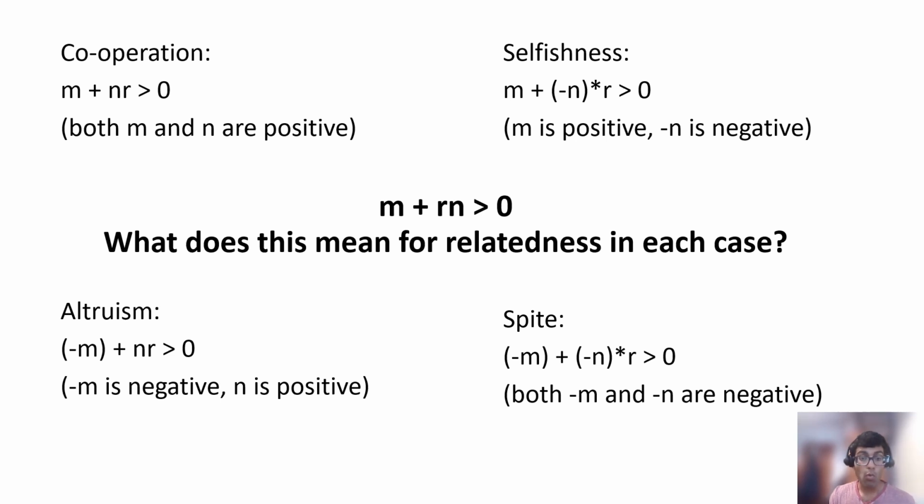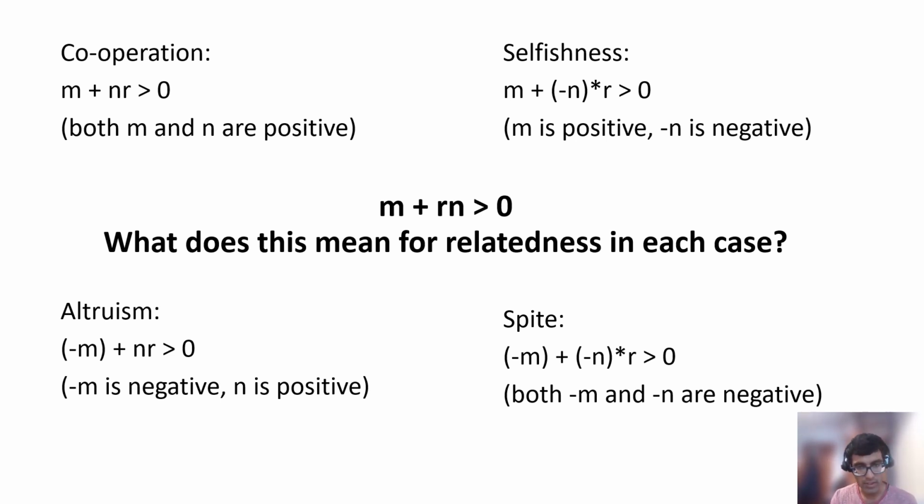So, what does m plus rn needing to be greater than 0 for an allele to spread mean for relatedness? In the case of cooperation, m and n are both positive, and m plus rn just has to be greater than 0.